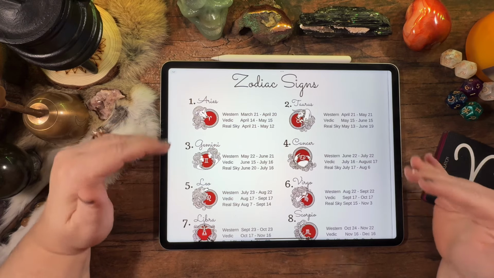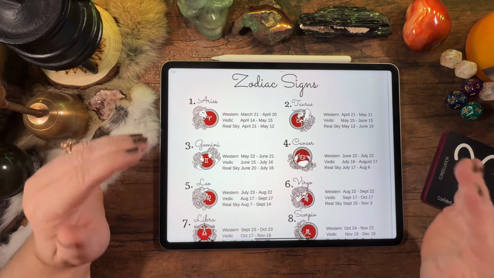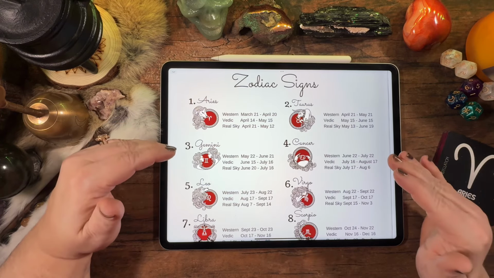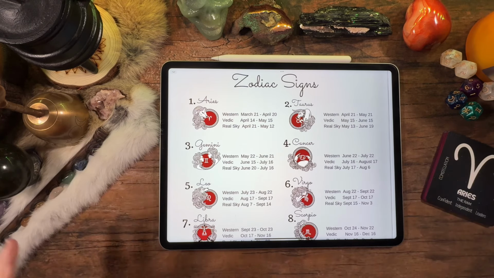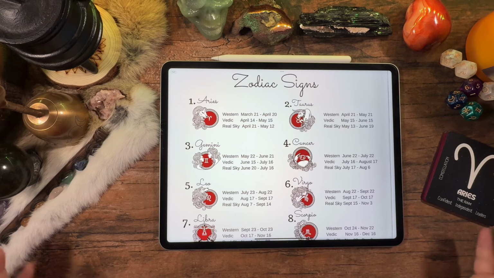So that is what is dictating the size of the constellations for astrology, not astronomy. That's why I don't really say too much of a difference between real sky and true sidereal astrology, because it's a matter of opinion on what makes more sense to you.